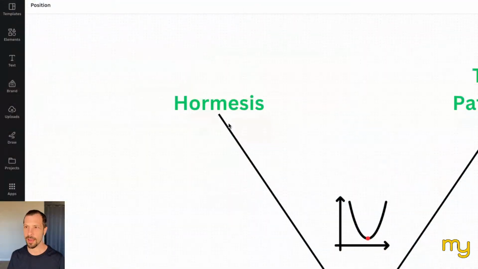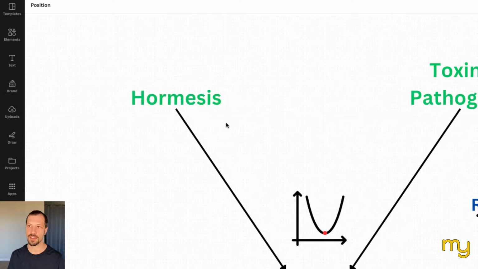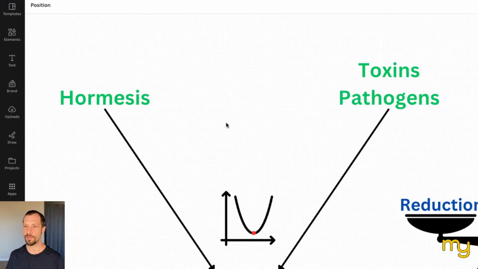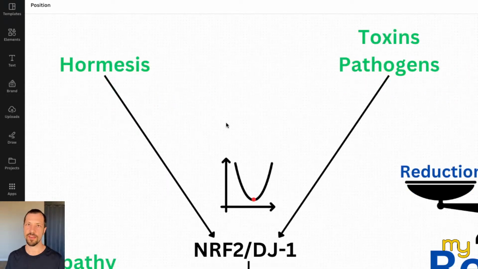You put a little bit of stress on your body, your muscle gets a little bit stronger. At first, it gets more tired because it's taking on this activation, but then it goes through a whole process of eventually becoming stronger. And that's what hormesis is. It activates this whole NRF2 DJ1 pathway, which downstream turns on this activation detoxification pathway in a healthy individual.